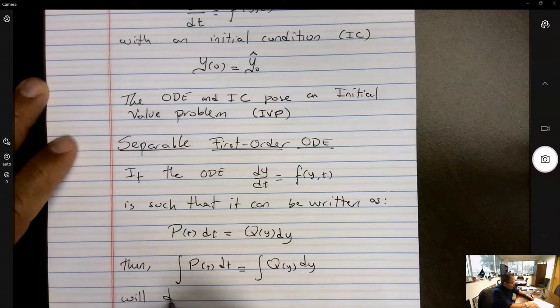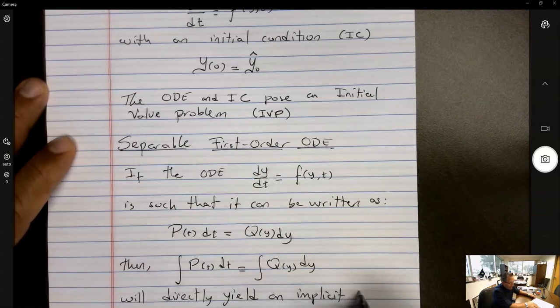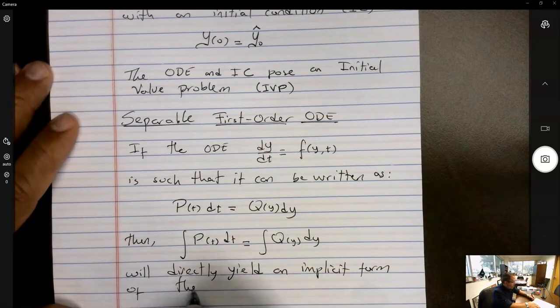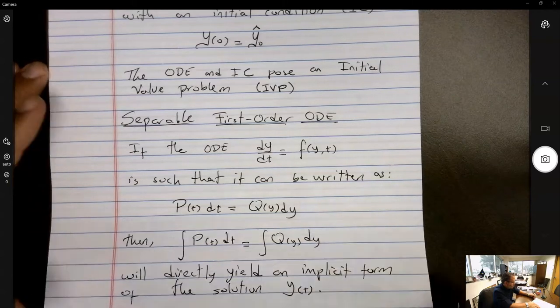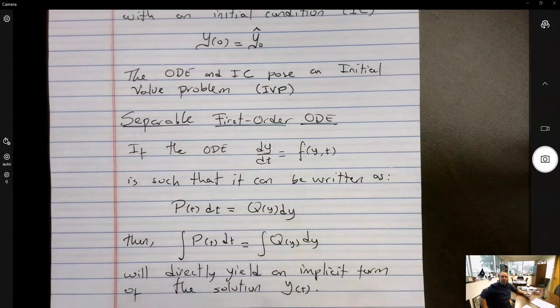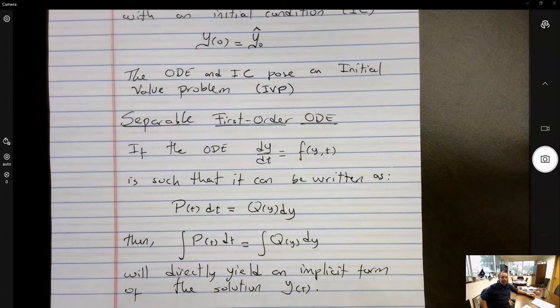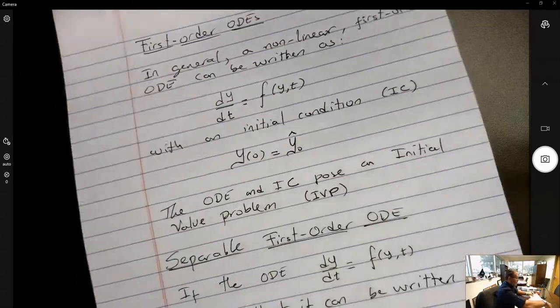So we'll directly yield an implicit form of the solution y of t. So somehow, by performing this integration, we'll be able to get the solution. And an implicit form means that we might not get y of t directly, but we might get a relationship between y and t that somehow is the solution of the problem.